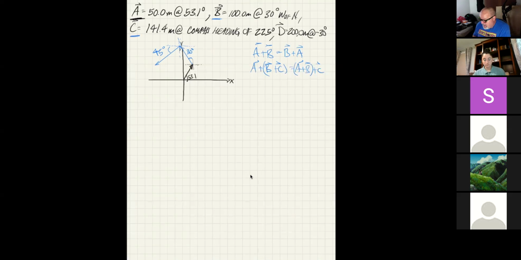Now at the head of that vector, I need to put the vector D, which is supposed to be 200 meters, which really should be 4 times as big as A. And it's supposed to be at negative 30. So for negative 30, I go from the positive x-axis and go down 30 degrees. I'm going to make this black. Nope, I haven't done red yet. I'm going to scratch that. I'm going to make it red. Okay, and I'm going to do negative 30.